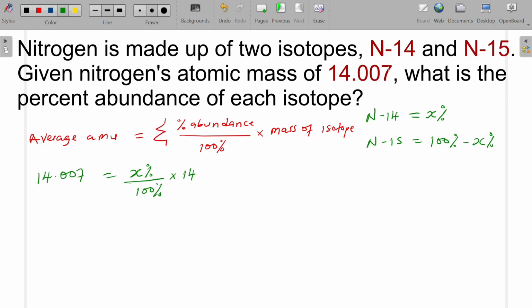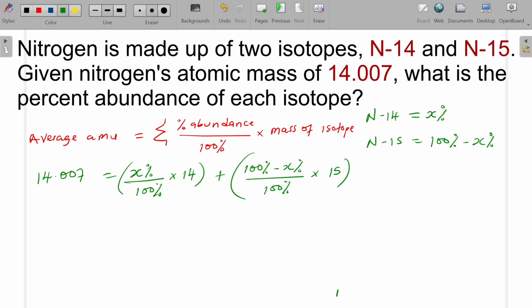Remember, the 14 and 15 were given. Those are the masses for these isotopes. Then, since we are talking about the sum, it means we are adding. So added to the percentage for nitrogen 15, which is 100 minus X%. So 100% minus X% on top there, and this will be divided by 100%, and this will multiply by the mass, which is 15.